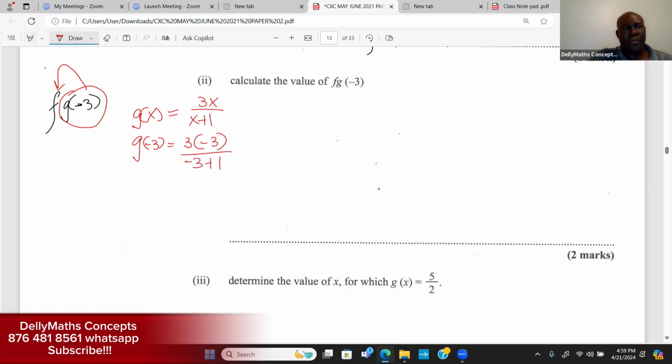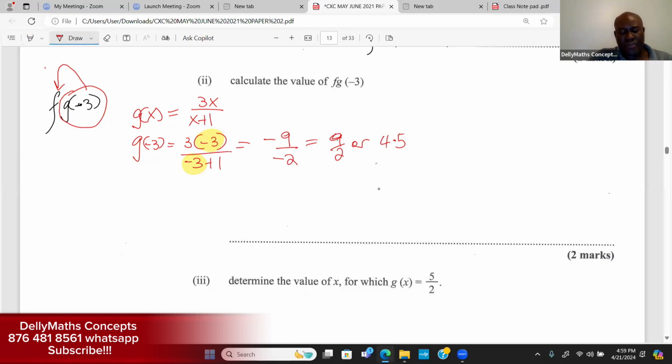As you can see, I placed it here for 3x and here for x plus 1. And then we work our way down. This is -9 over -2, which is going to give me 9 over 2, or we might say 4.5. So what I just found was g of -3.